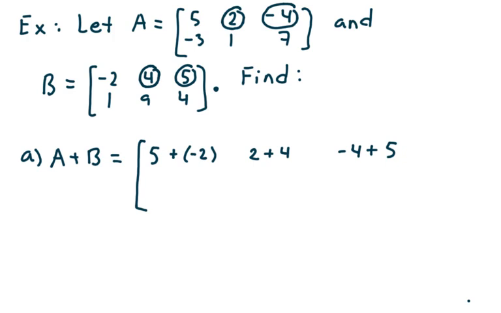Moving to the second row, I'm going to take negative 3 and add 1. So notice that's the entry in the second row, first column of A plus B. Then I'm going to take 1 plus 9 and then 7 plus 4.